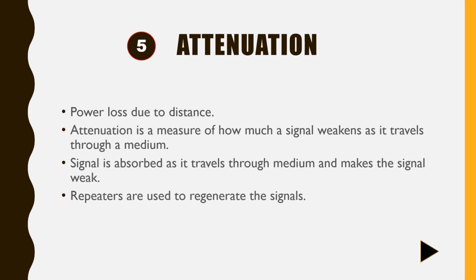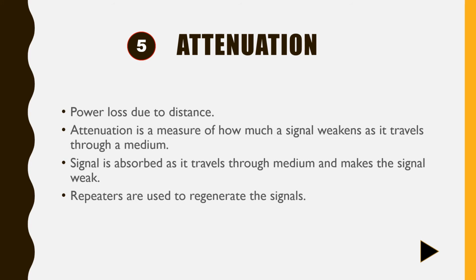Now, because signals weaken, many cable manufacturers print the distance onto the cable. After that printed distance, we cannot use that cable; you have to use a repeater in between.